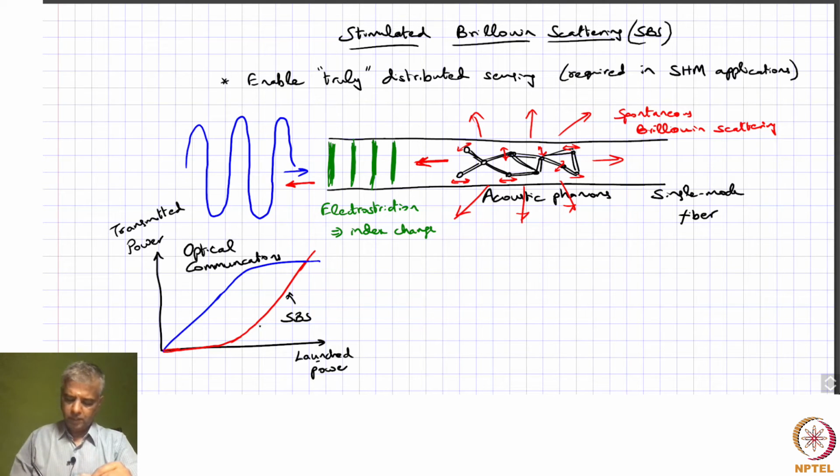And this specific backscattered wave is called the Stokes wave. It feeds off certain energy to the acoustic phonons, and then it backscatters with lesser energy essentially. That's why we call it a Stokes process.